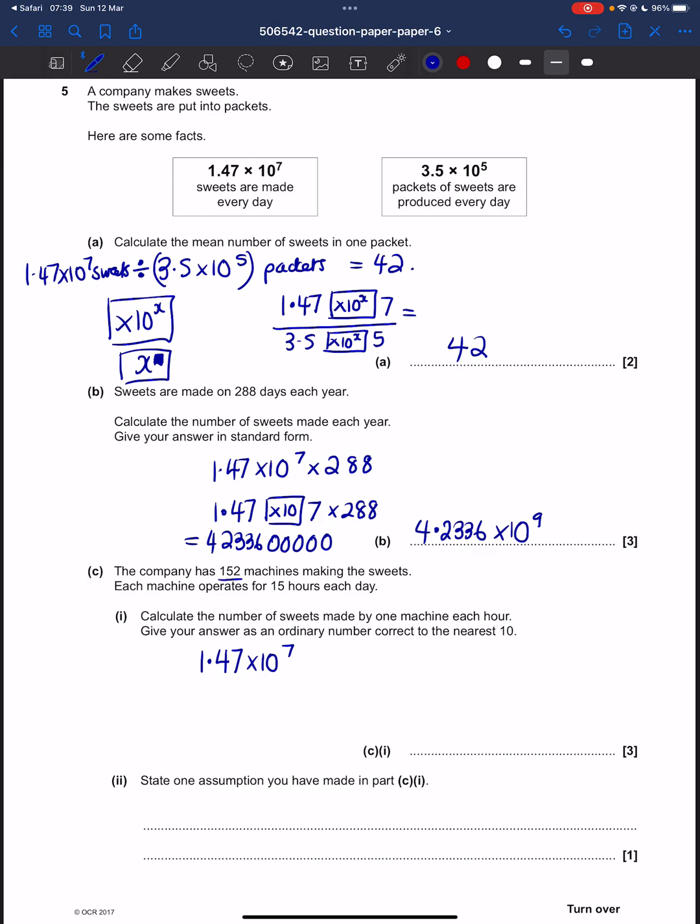And it's 152 machines. So we divide by 152. And that's how many sweets per machine. I'm just doing that sum now, divided by 152. And it comes up as 9, 6, 7, 10.5, etc. Okay, look, we've got the sweets on the top and the machines on the bottom, so it's sweets per machine.